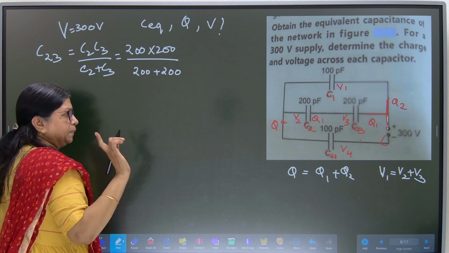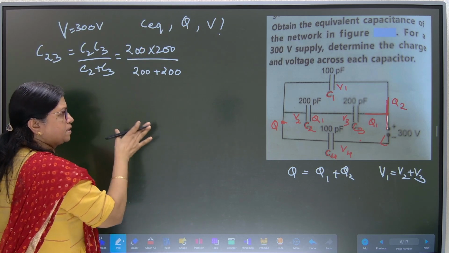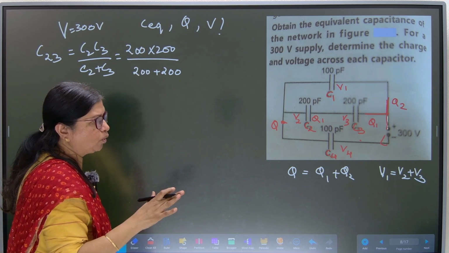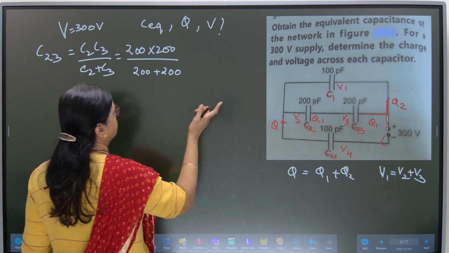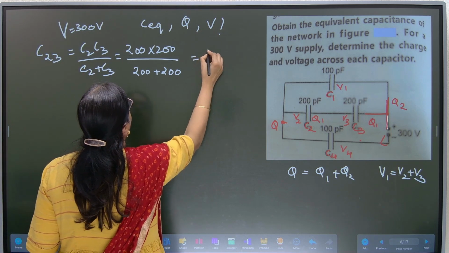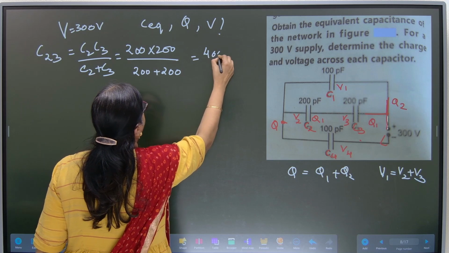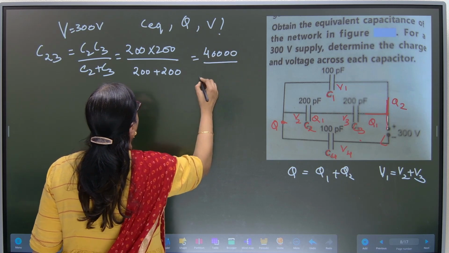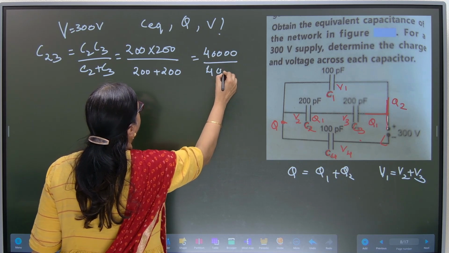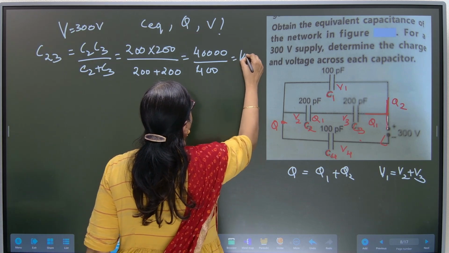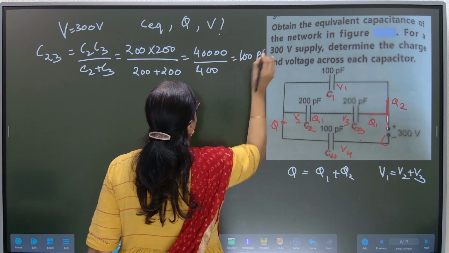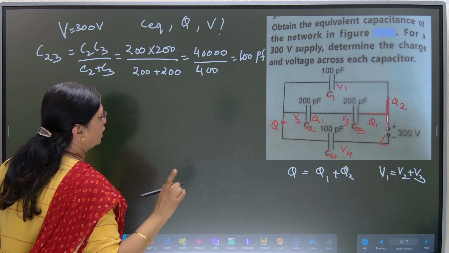In the end, we will write picofarad. Fine. So at present, there is no need of carrying pico. P is 10 raised to minus 12. We will write it in the end. Fine. Okay. So we get 4 upon 400, which amounts to 100 picofarad. Fine. So C23 is ready.